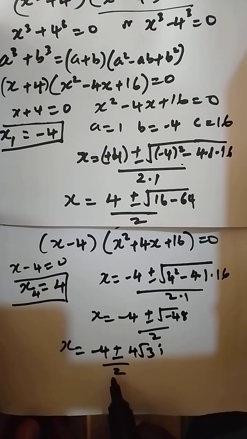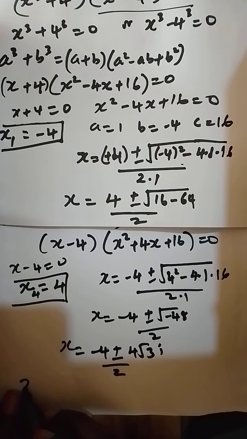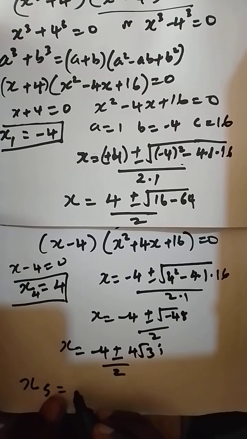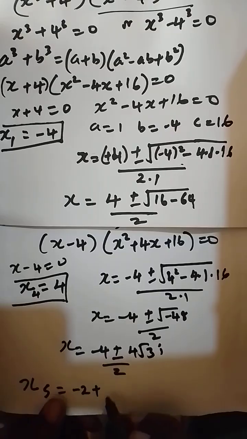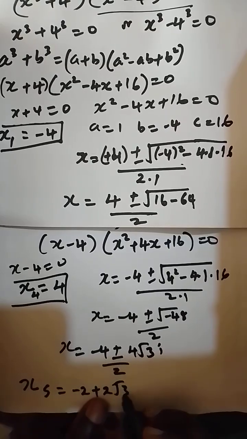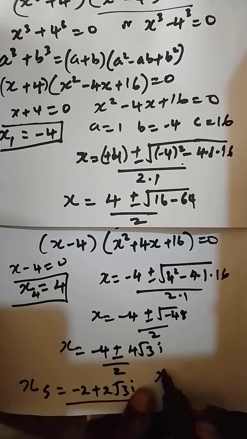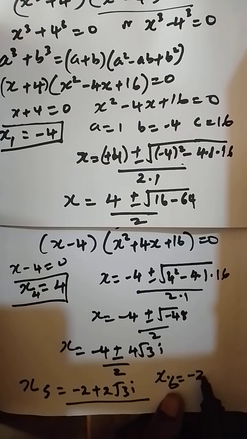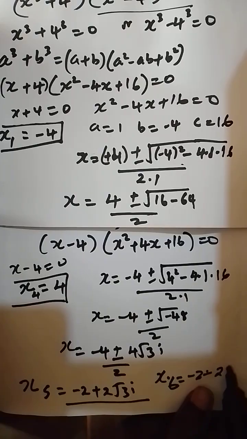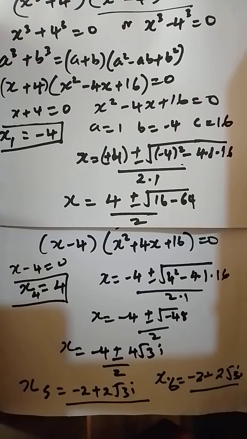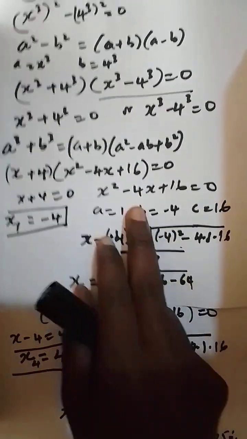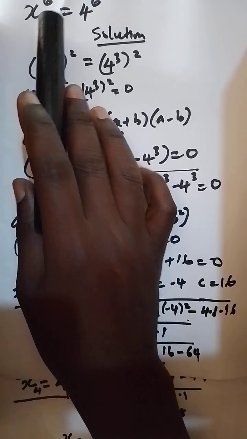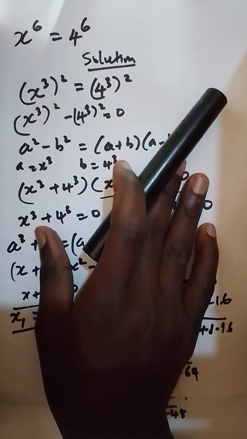When I divide by 2, the fifth solution is going to be negative 2 plus 2 root 3i, and the sixth solution I'm going to have is negative 2 minus 2 root 3i, as the required solutions which satisfy our equation, which was x power 6 is equal to 4 power 6.